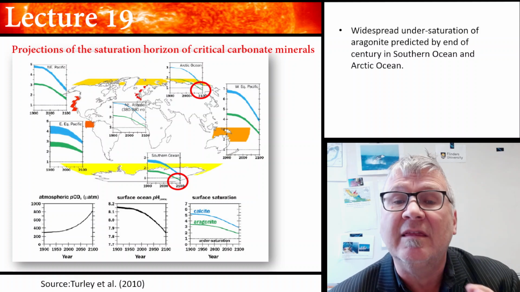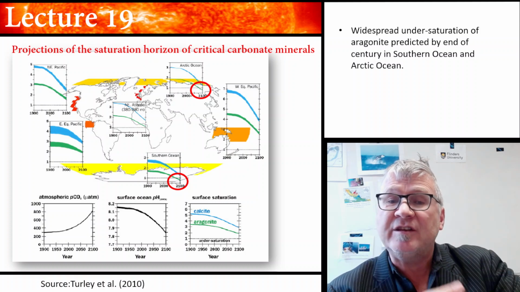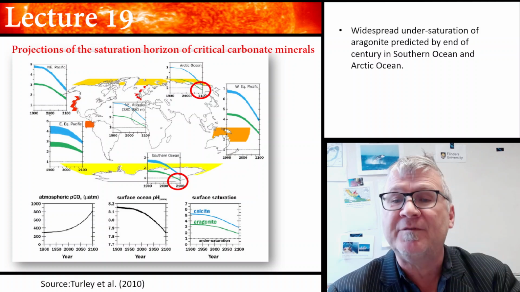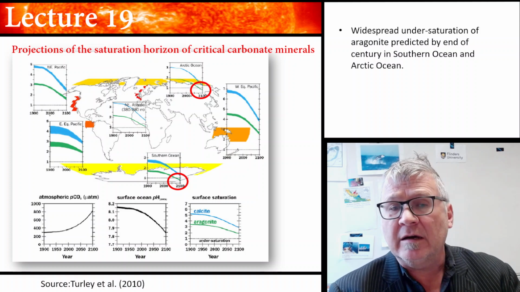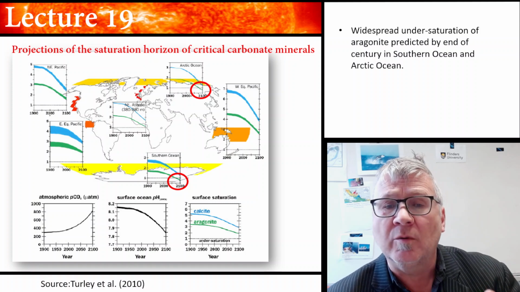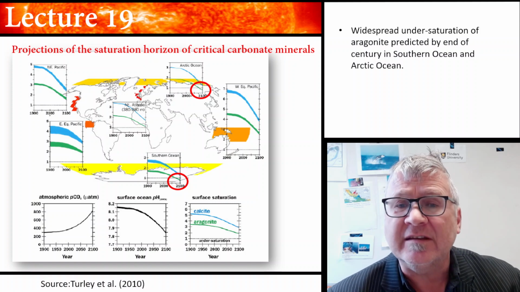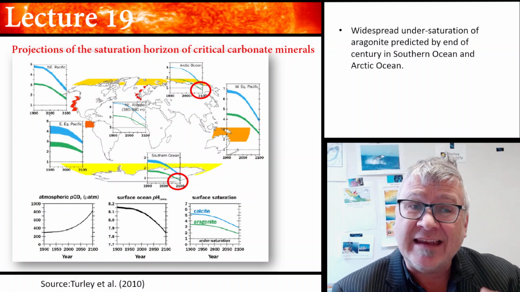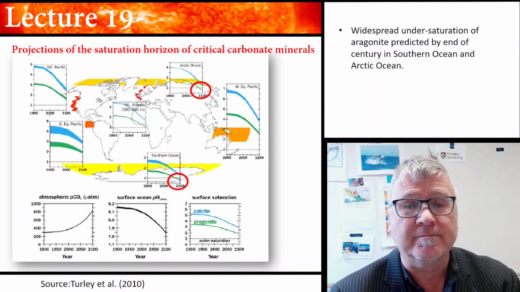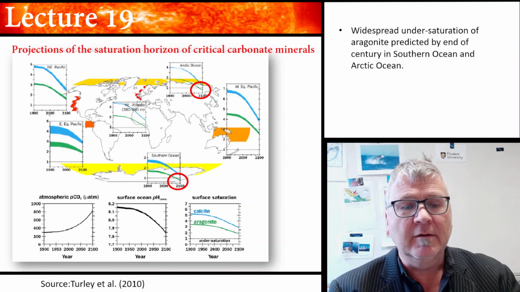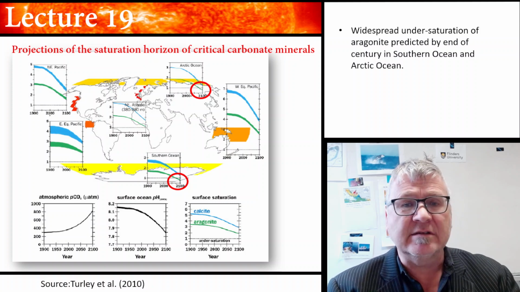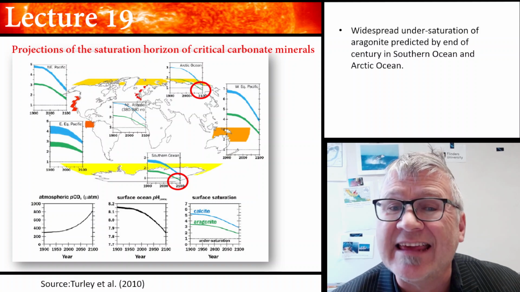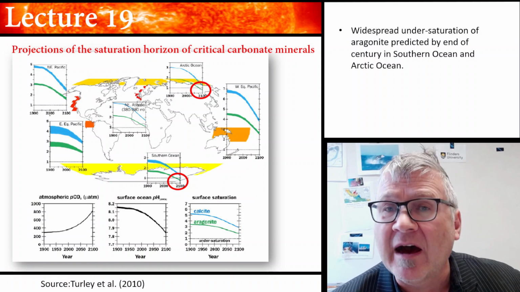The critical thing here is that it's reaching that level of undersaturation, and that flips around the way the ocean works in terms of these calcareous plankton and associated marine food webs. All right, so this is the story about ocean acidification, and that's the end of the first part of this lecture.